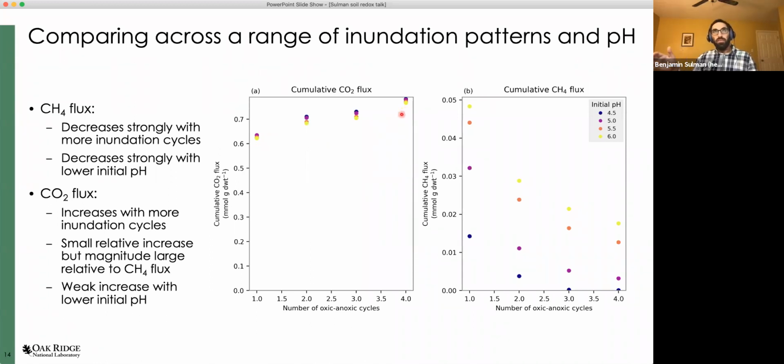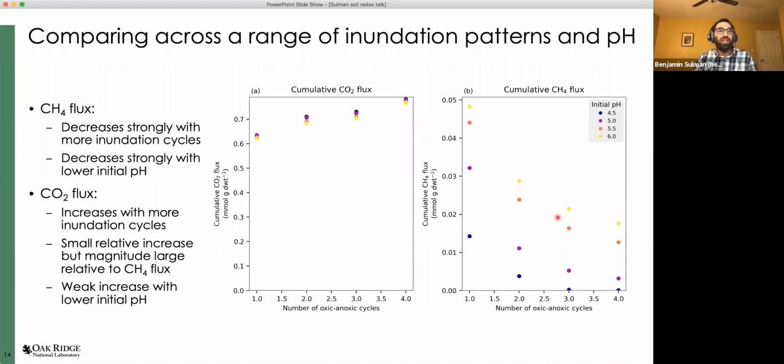And I want to point out that the total amount of time that the soil spends under oxic conditions is the same in all of these. So this increase in CO2 flux is not due to more oxygen availability. It's due to the fact that iron 3 gets replenished under these oxic cycles. And so there's CO2 production that's being supported by iron reduction more when there's more cycling of the hydrology.